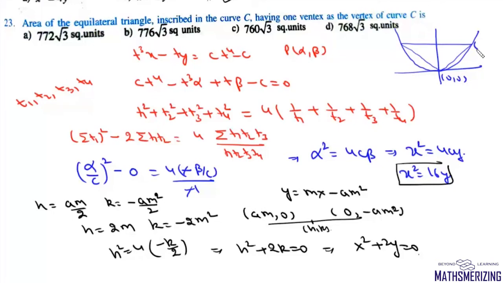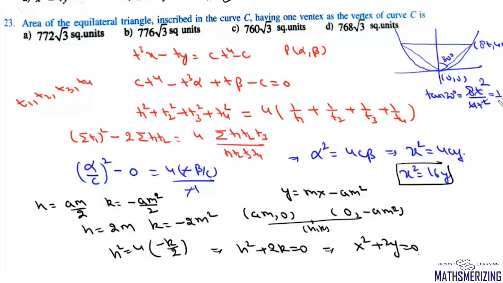This angle is 30 degrees, and any point on this parabola, we can write in terms of parametric coordinates. So it will be 2at comma at square. So it will be 8t comma 4t square. Now we'll write tan 30. Now tan 30 will be this x coordinate, which is 8t, upon y coordinate, which is 4t square. So here t will cancel once and it will be 2 upon t.